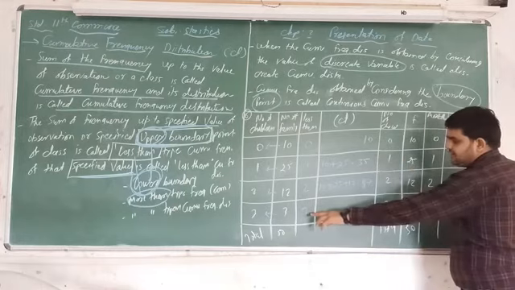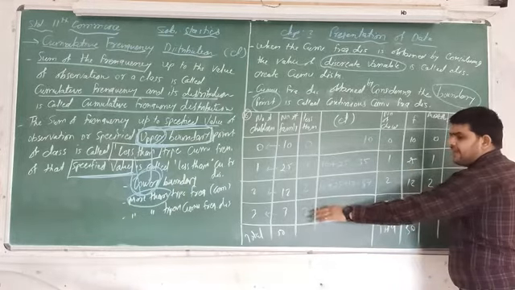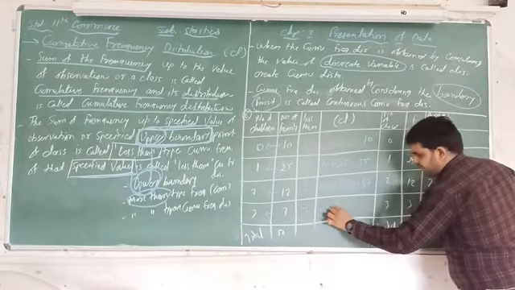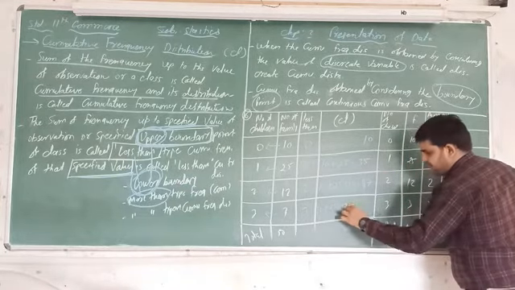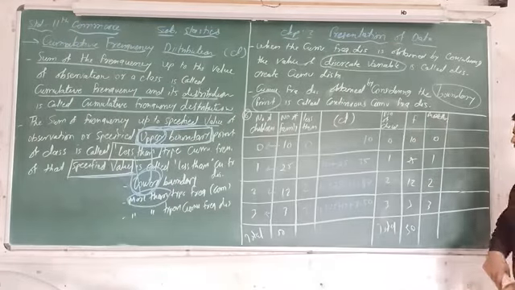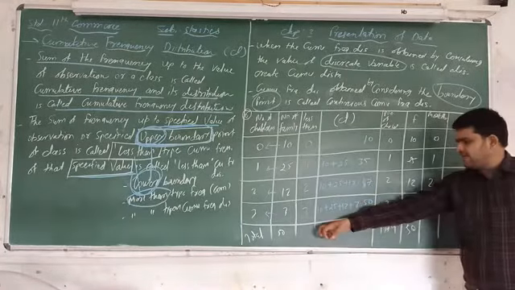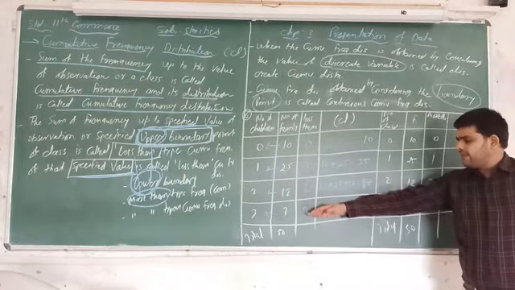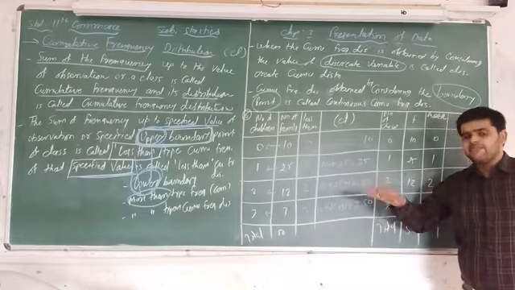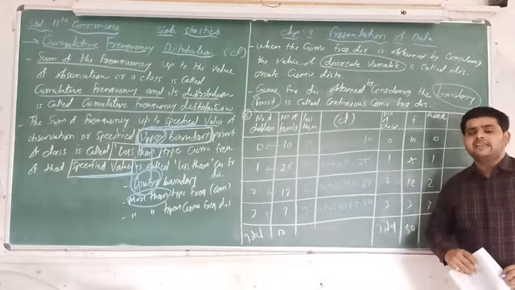And how many families are there those who have 3 or less than 3 children? So 10 plus 25 plus 12 plus 3, that is 50. So all the 50 families are there, those who have 3 or less than 3 children. So in this way, we have to find out the less than type of frequency.